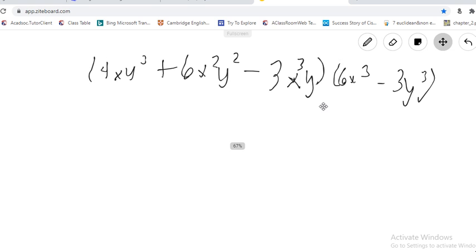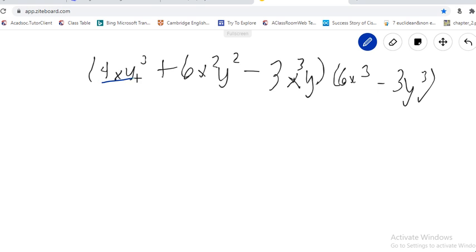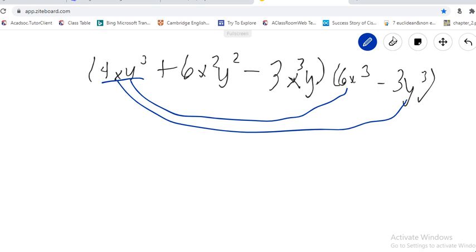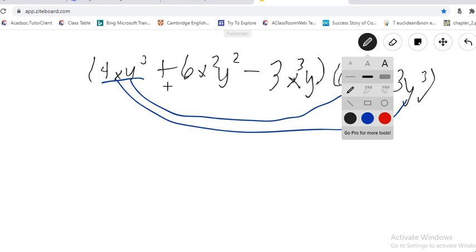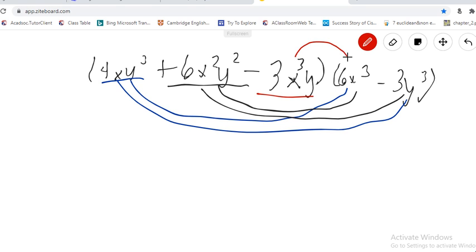Okay, so let me just make it small. Again, we will use distributive property or distributivity. Okay, so we will distribute 4xy cube to 6x cube and then to negative 3y cube. Next, we will distribute positive 6x squared y squared to 6x cube and then negative 3y cube. And then lastly, we will distribute negative 3x cube y again to 6x cube and then negative 3y cube.